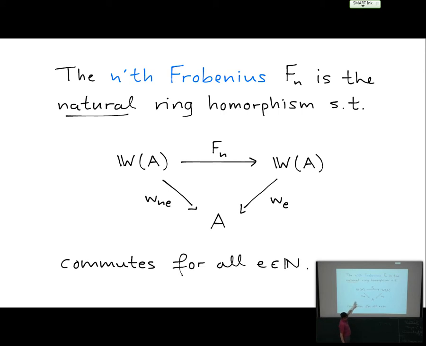It's a natural transformation from this functor to itself, such that if I first use the nth Frobenius and then take the eth ghost component, I get the nth ghost component. And again, asking that this be a natural transformation of functors from commutative rings characterizes this uniquely. So there's a unique such ring homomorphism.